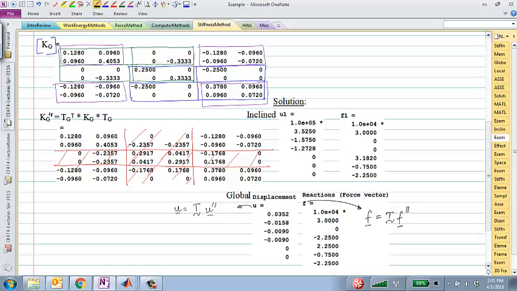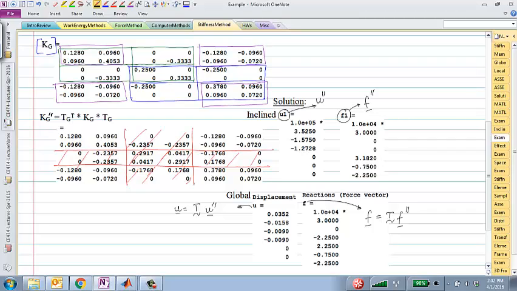So in the Matlab code that I showed you, what you need to do is to construct this kg double prime and construct, by the way, this guy f, what I'm calling f1 is really f double prime, and u1 is u double prime.